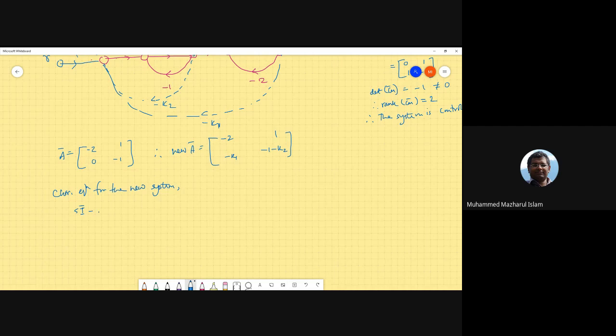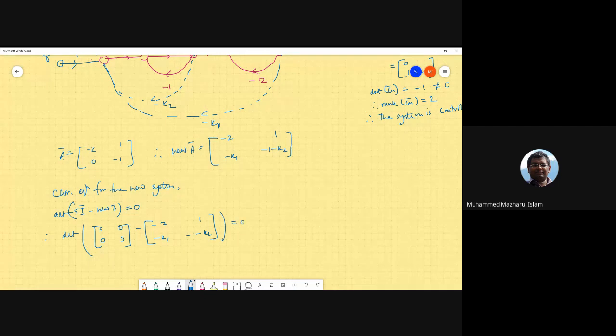That's the determinant of SI minus new A equals 0. New A is [-2, 1; -K1, -1-K2]. So you do the sum, you complete the calculations, and you get a characteristic equation. I'm not completing this, I'm leaving it for you to complete.